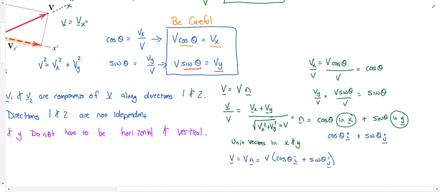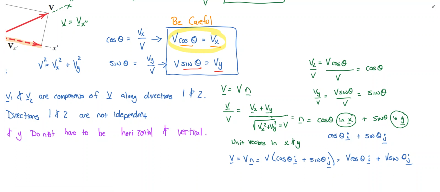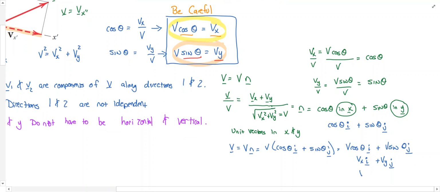And if you were to expand this, this is v cosine theta in the i plus v sine theta in the j. But v cosine theta, we said earlier, was vx. And v sine theta, we said earlier, was vy.